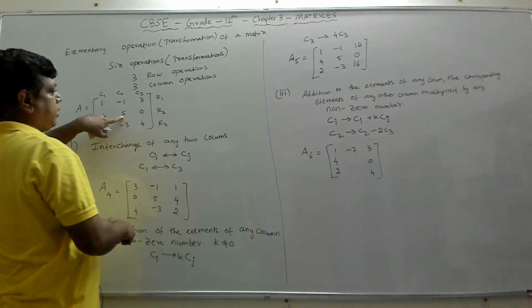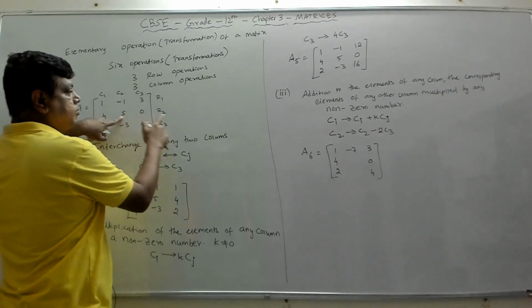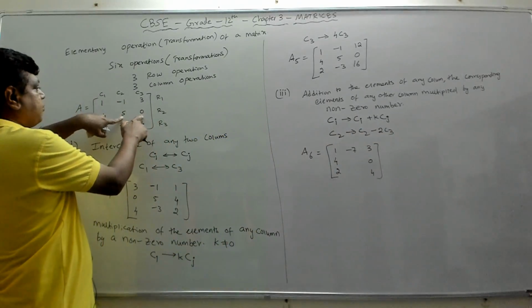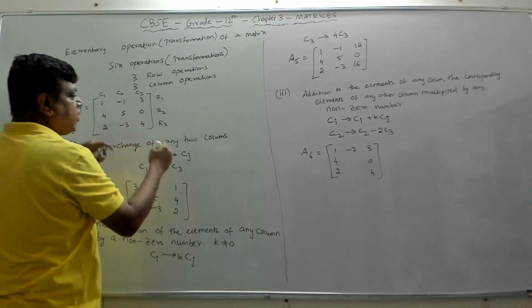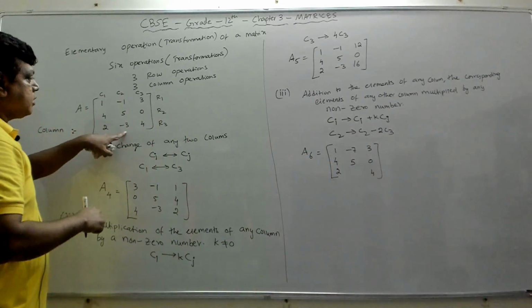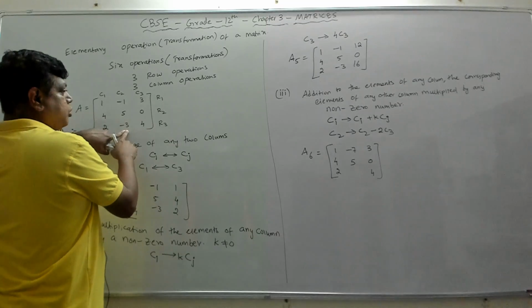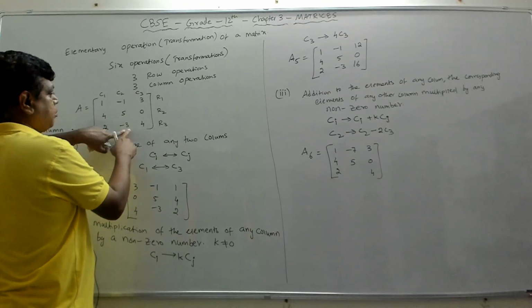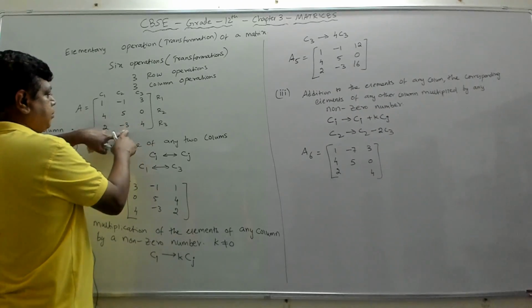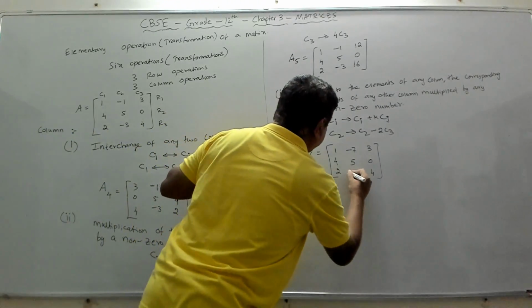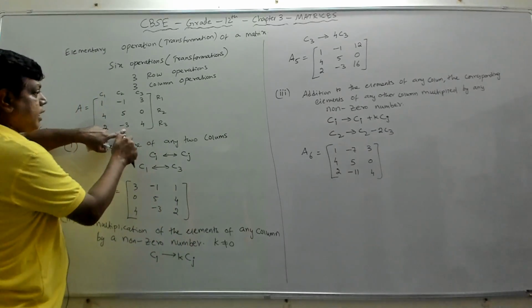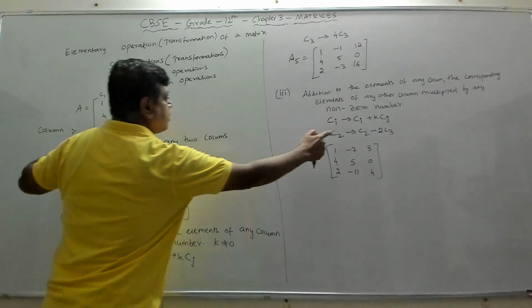Then again take 5. Your C2 is 5 now. 5 minus 2 times C3. C3 is 0. So 5 minus 2 times 0 is 5. Now take minus 3. That is your C2, minus 2 times 4. Minus 2 times 4 is minus 8. Minus 8 minus 3 is minus 11. So I am substituting C2 as minus 3 and C3 as 4 in this.